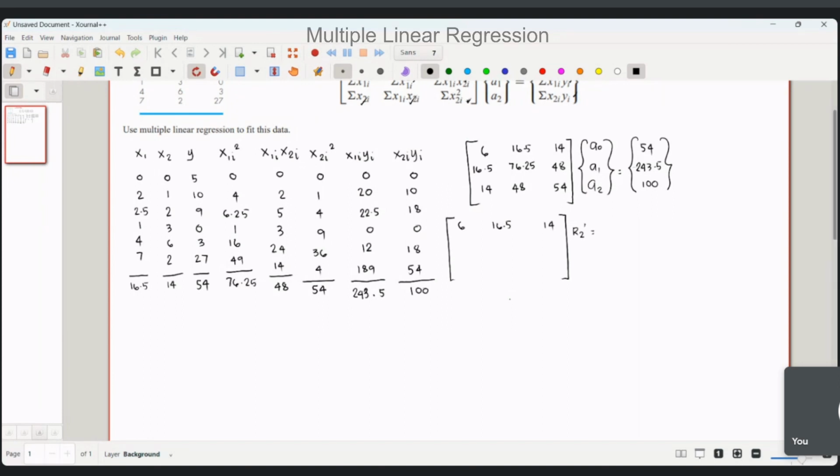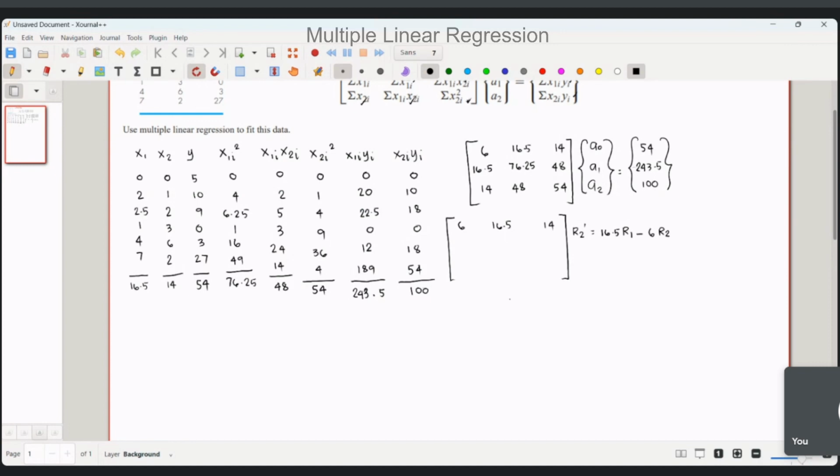Yes. So what is the LCM of 6 and 16.5? If we cannot find it, at the very least, we try to multiply them. 6 times 16.5, they have an LCM of 99. So let's do 16.5 R1 minus 6 R2.